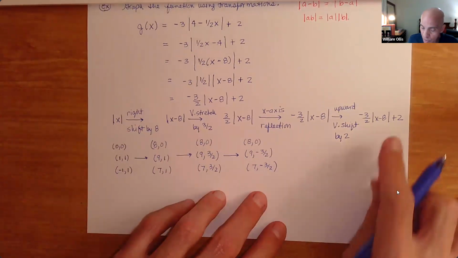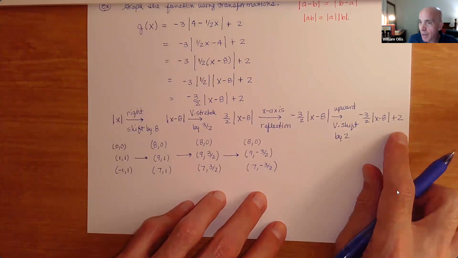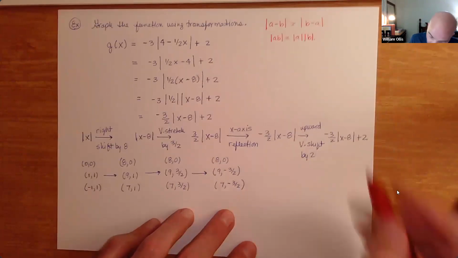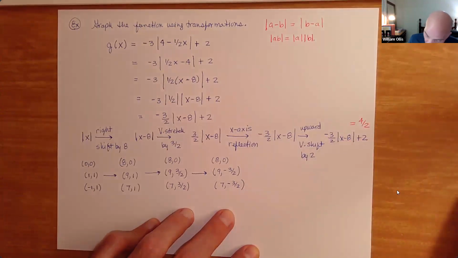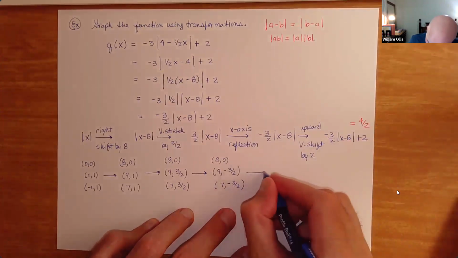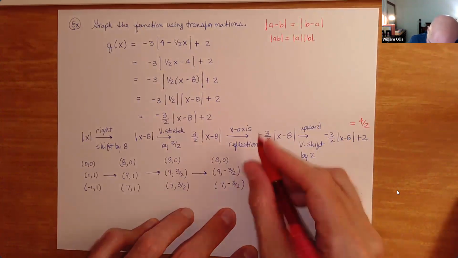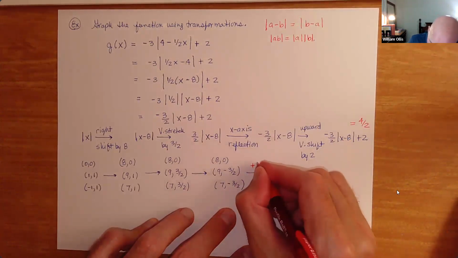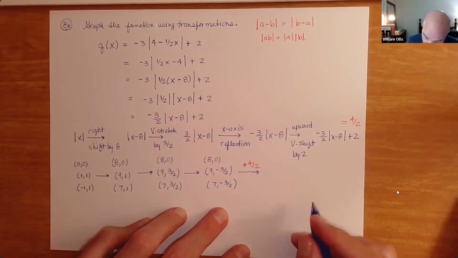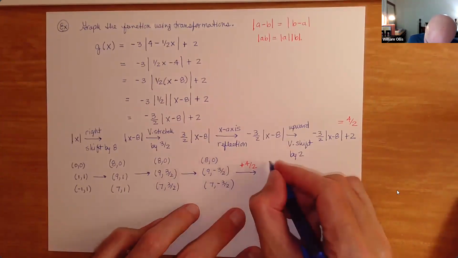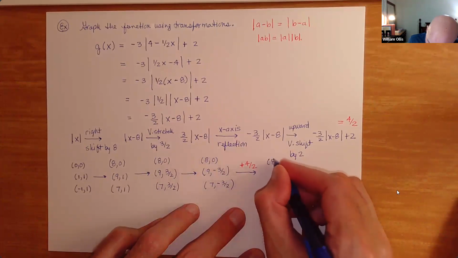And then, of course, we want to do an upward v shift by 2. So we can just think of that as 4 over 2 to get common denominators. So basically, we'll just think like we did before, plus 4 over 2 to the y coordinates. So again, we'll just write that one as a 2, no need to write it as 4 over 2.